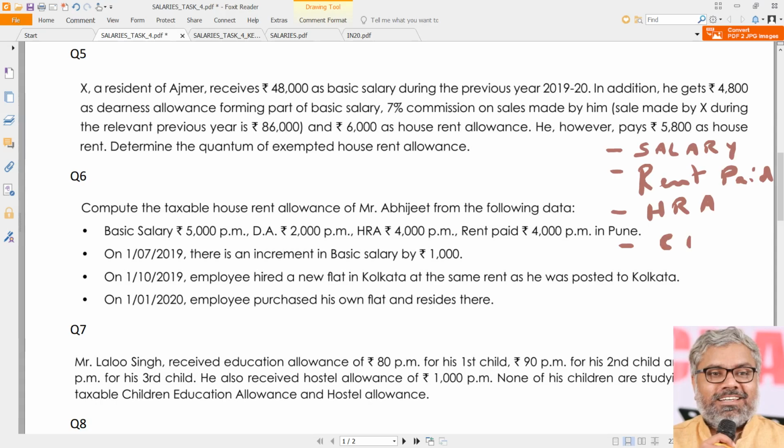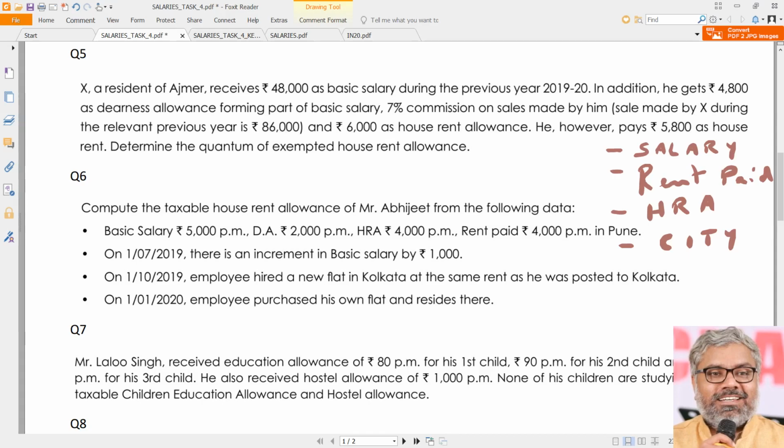And not only that, the city in which the house is situated also will play an important role in the HRA exemption. So all these factors will have an impact. How much rent is paid by the assessee actually, how much HRA is received actually, how much salary he has earned during that period, which city he is staying. These all factors will have impact on the HRA exemption.